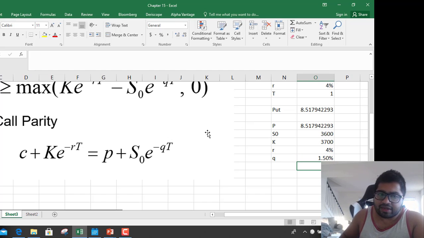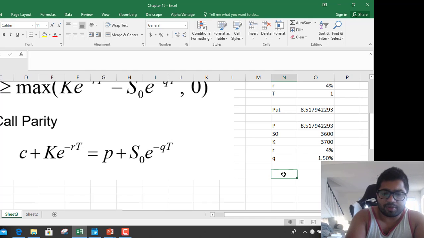Now using put call parity, let us say they are asking you to calculate call price. So based on this formula, if you rearrange, call is equal to put plus S0 into e to the power minus QT, and this is plus here, so when it goes here it becomes minus.